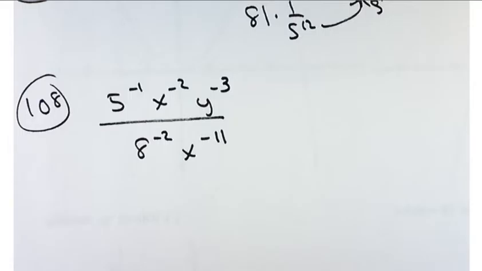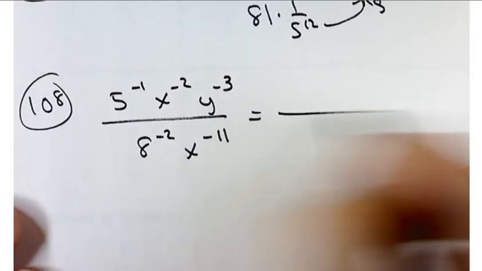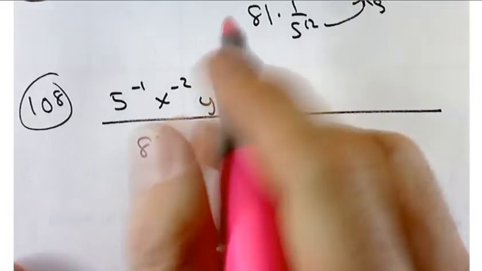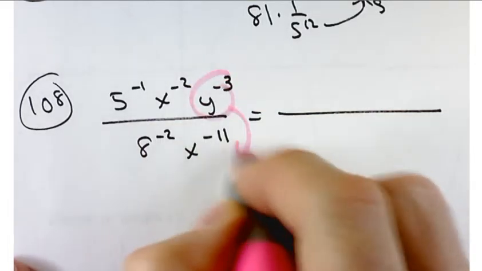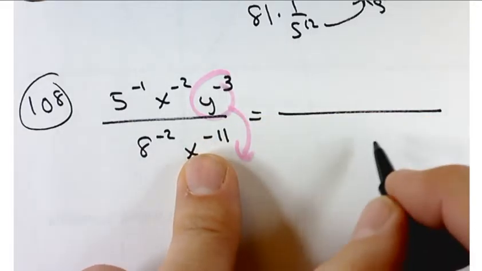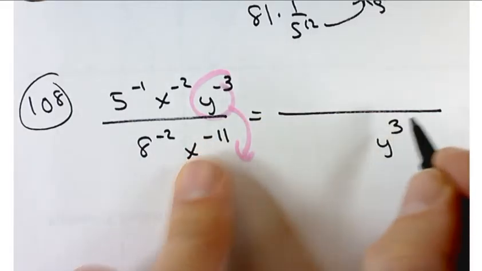What I would strongly suggest in simplifying these is that we first clean up all these negative exponents. I'll start here with y to the negative third power. That term is going to come down into the denominator as y to the positive third.